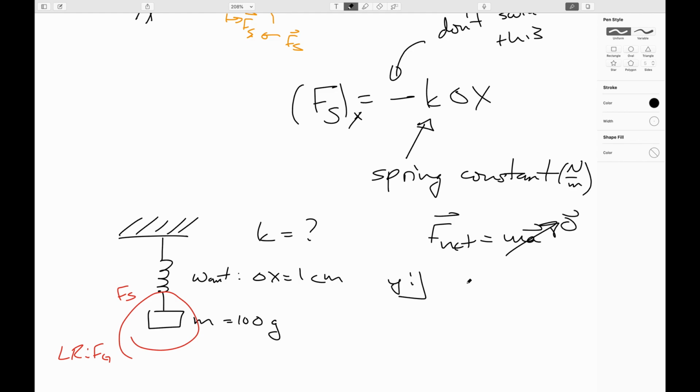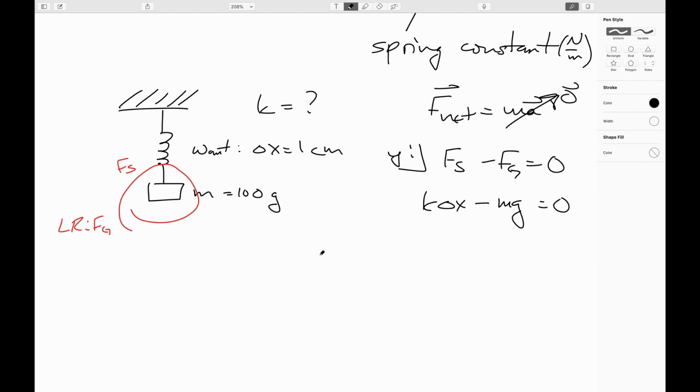Taking the y component, we will have the force of the spring up, gravity down. Now here, I'm not going to bother putting in the minus sign. For the spring, I'm just going to say k delta x because I've already baked into the cake that it's pointing up, and I'm only interested that the magnitude of the stretch is 1 centimeter. And minus mg equals 0.